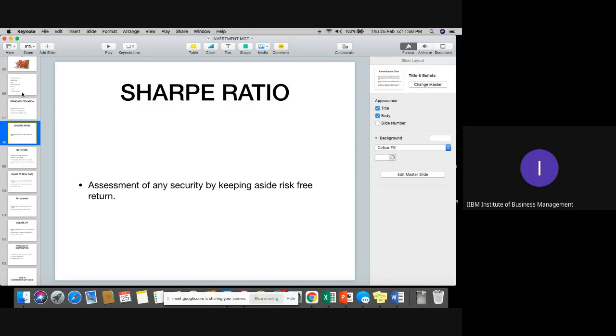These are very technical and lengthy topics in detail, but due to the constraint of your syllabus and timing, we are only discussing briefly what these methods are all about. Whenever we are focusing on the risk assessment of any investment, we always calculate the Sharpe ratio, and it will guide you whether the investment is risky, less risky, or moderately risky when it comes to price fluctuation. I hope it is clear, the Sharpe ratio as well, everyone?